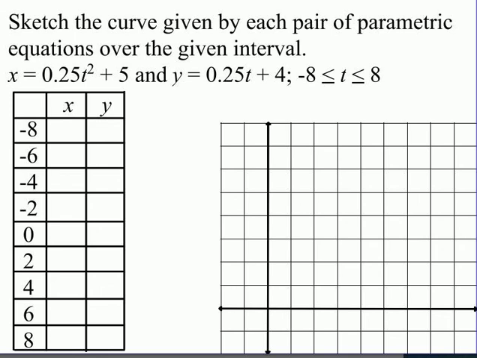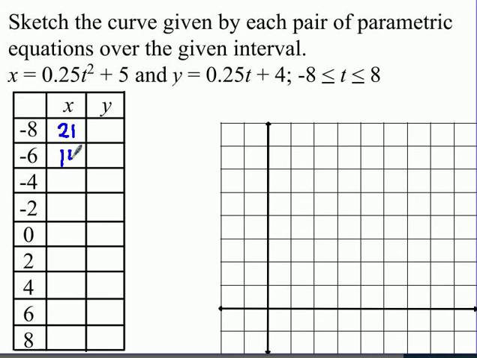Sketch the curve, again, given by each pair of parametric equations over the given interval. Once again, we're going from -8 to +8 for t, and I went by 2's. Plug in -8 into the x equation: you square it, multiply by 0.25, and then add 5. What do you get? 21. For -6, 14.